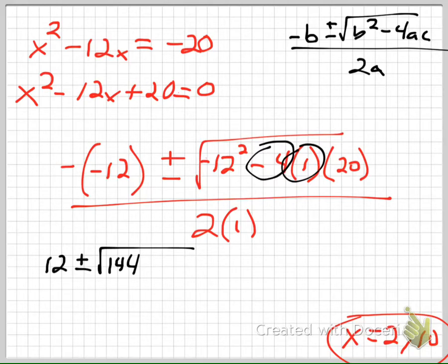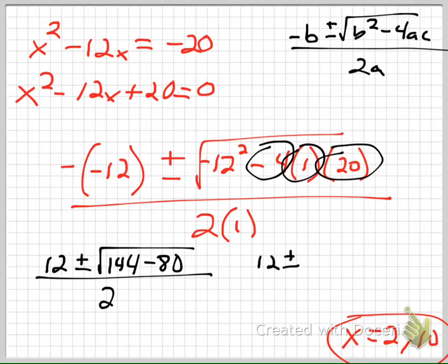Negative 4. Negative 4 times 20? Negative 80. Minus 80. All divided by 2. You got to fix the square root. What is 144 minus 80? 64. So we have 12 plus or minus square root of 64 over 2.